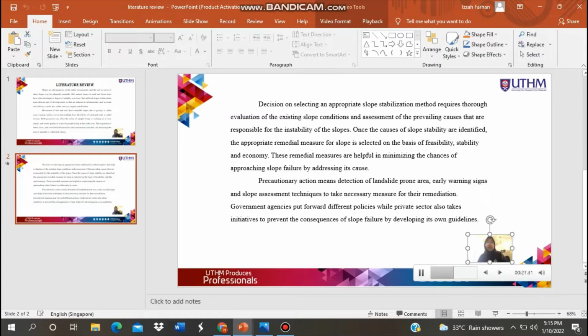These remedial measures are helpful in minimizing the chances of approaching slope failure by addressing its cause. Precautionary action means detection of landslide-prone areas, early warning signs, and slope assessment techniques to take necessary measures for their remediation. Government agencies put forward different policies while the private sector also takes initiatives to prevent the consequences of slope failure by developing its own guidelines.